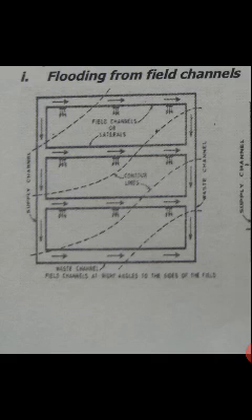In this method, the land to be irrigated is divided into small strips, with a series of filled channels or laterals which are supplied water from the supply channels.